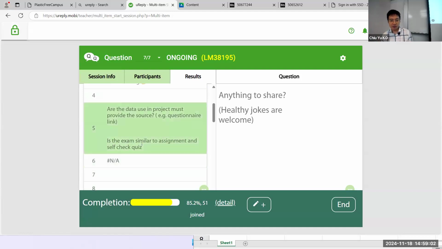Is the exam similar to the assignment? Yeah, I think it's very similar. It's a statistics application, so there's nothing very innovative in the way we can ask the question. Of course, we may ask in a different way, but the point we are asking is very similar.